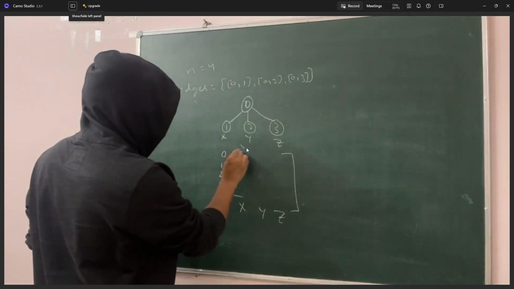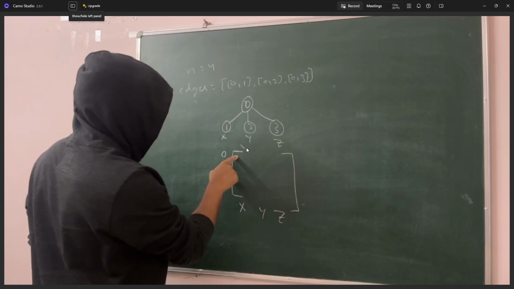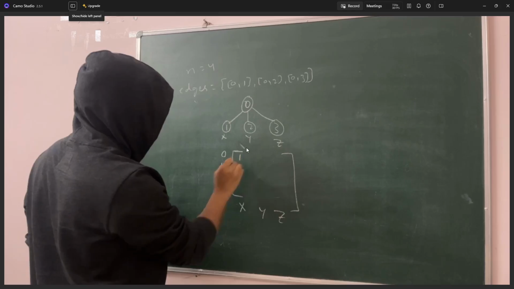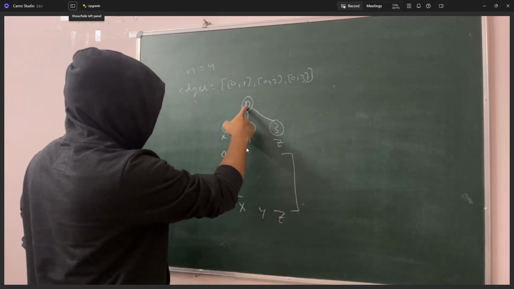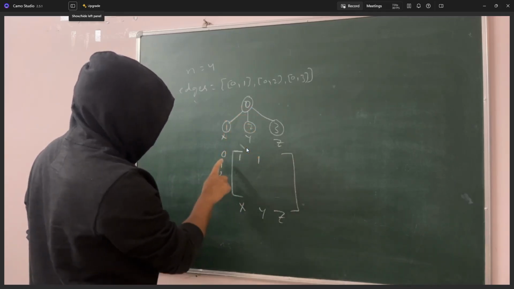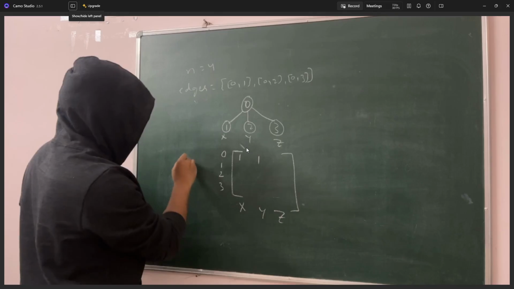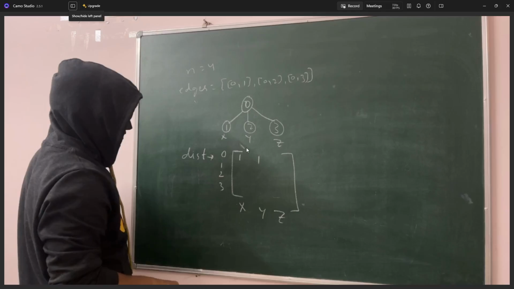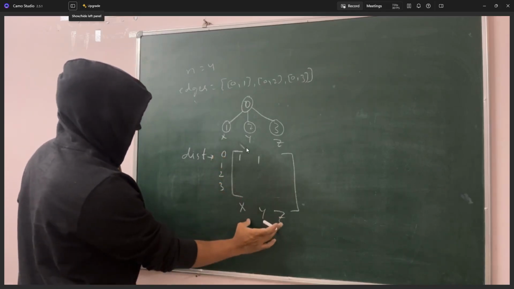Now from node 0 to the x node, what is the distance? We have 1. From node 0 to the node y, what is the distance? It is 1. So you are understanding this, right? So let me call this a distance vector. Its size will be n cross 3. Why 3?